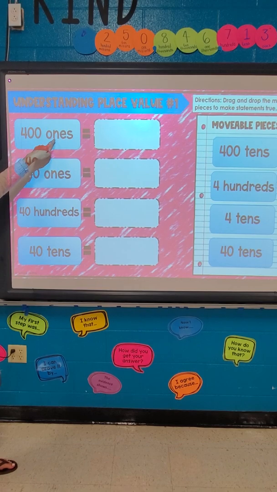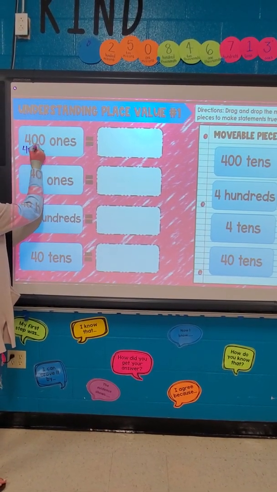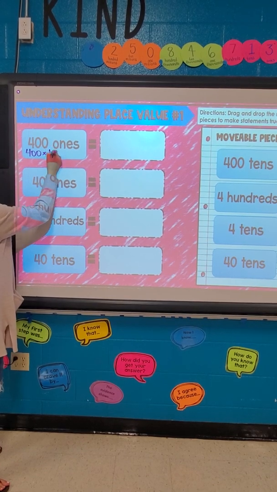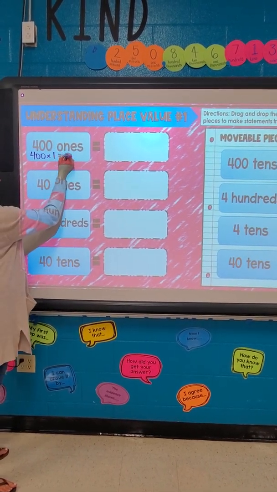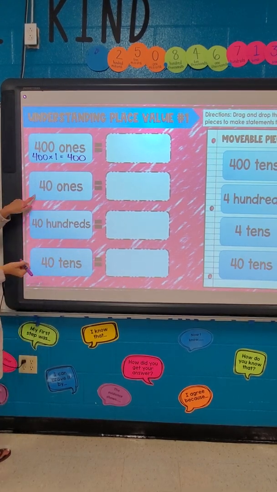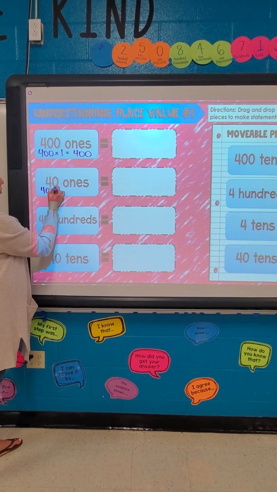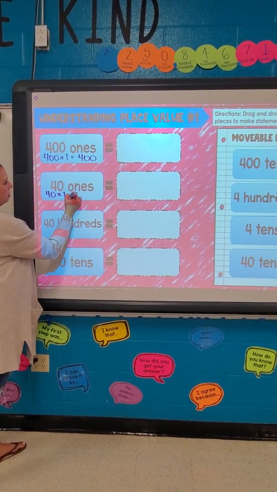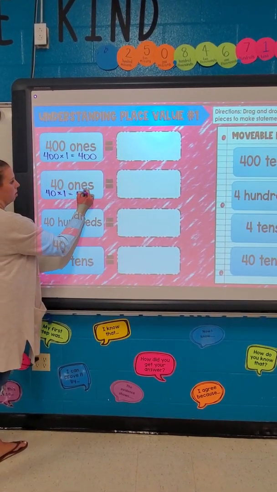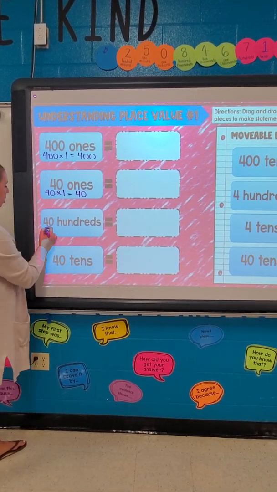So 400 ones, that would actually be 400 times 1. So this one is worth 400. 40 ones would be like 40 times 1, so it's worth 40. This one's a little trickier.